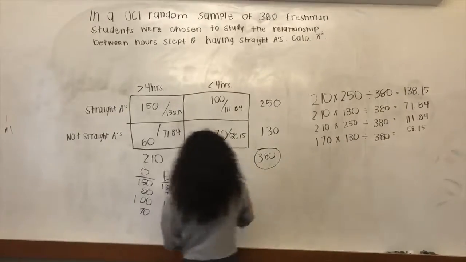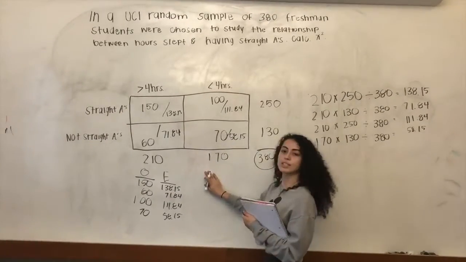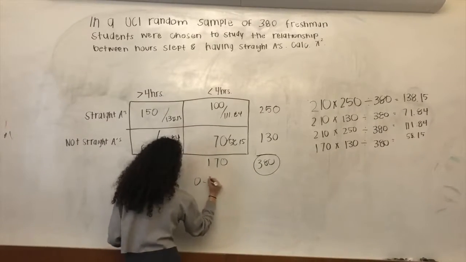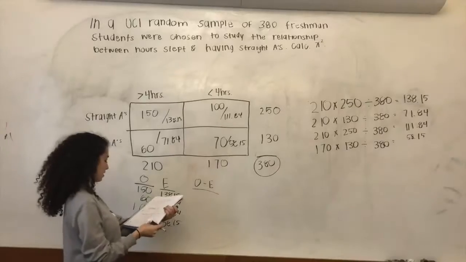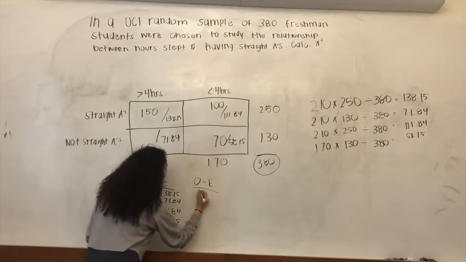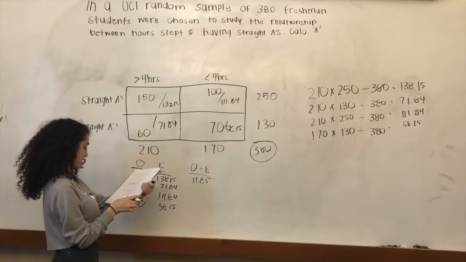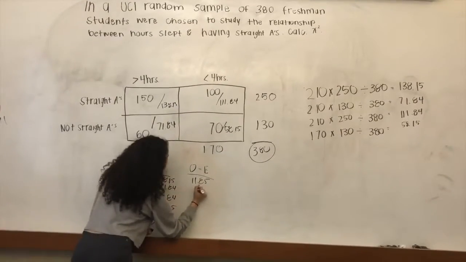So now we're going to move on to the next column, which is O minus E. And this would equal 11.85, 11.84.